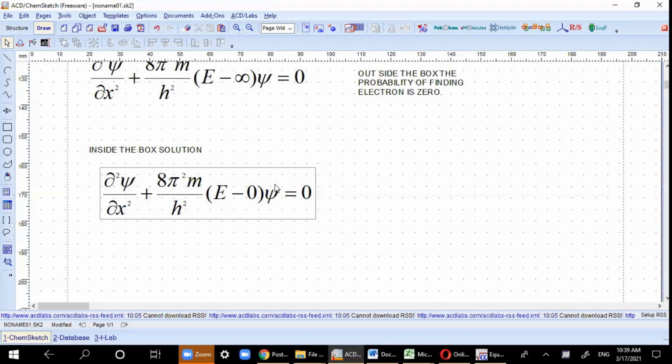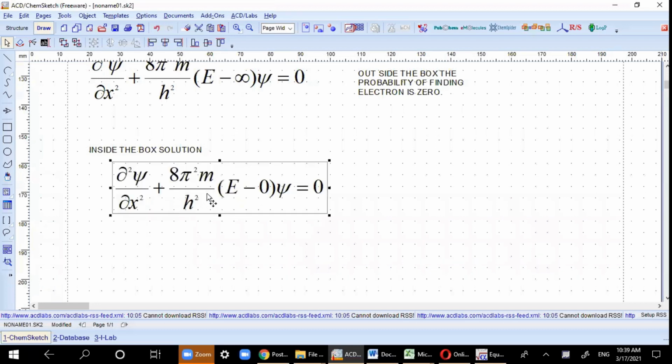In order to simplify this equation, we are assuming that 8 pi square m by h square into E is a term called k square. I will tell you why k square. I want to convert this equation 3 in such a manner.